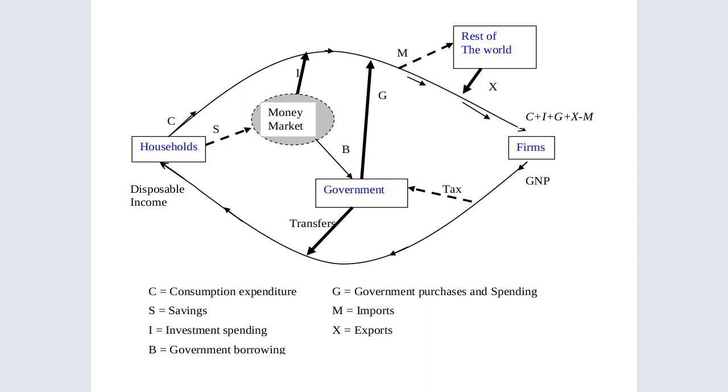Now, the government can also borrow from the money market to spend. So the money market can be accessed by the government and firms and also the household. You can borrow, invest. The government can also borrow from the money market.